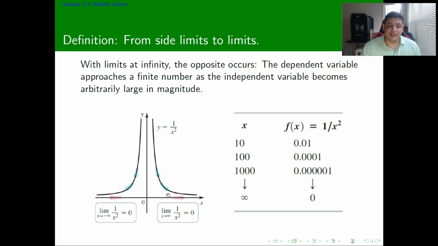So in this case, what we can say is that in both cases, the limit when x goes to infinity and the limit when x goes to minus infinity, I'm going to obtain 0. Notice that here it is independent of the sign. It doesn't matter if I'm picking positive or negative. This is just going to produce a very small value that is going to go to 0.